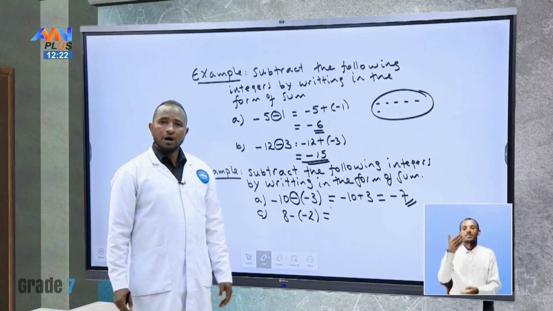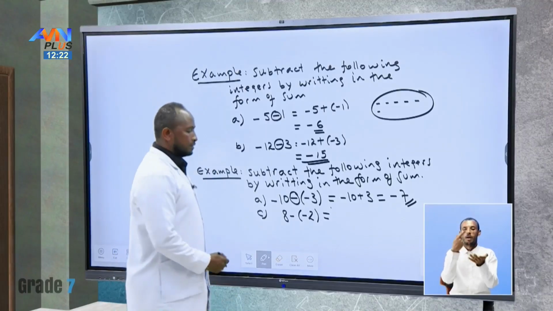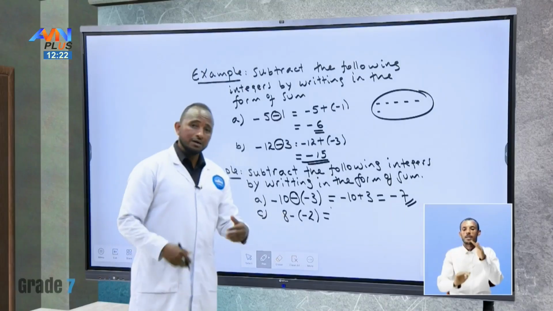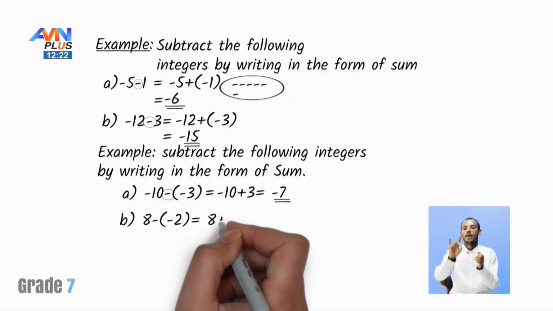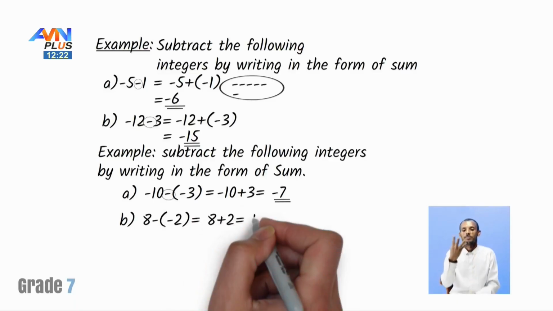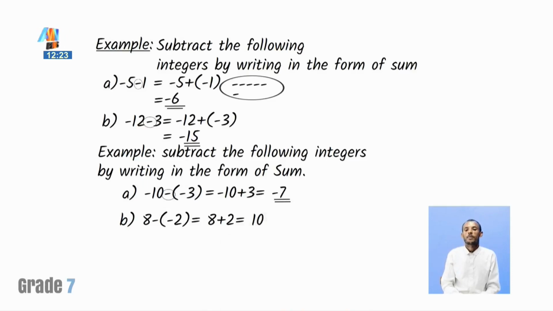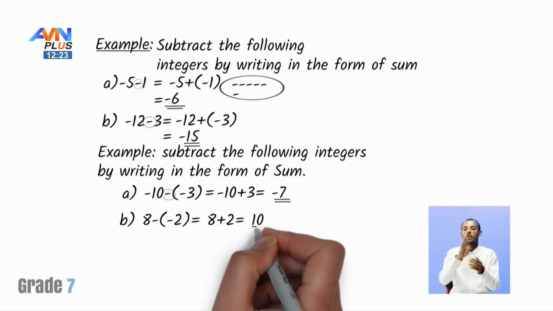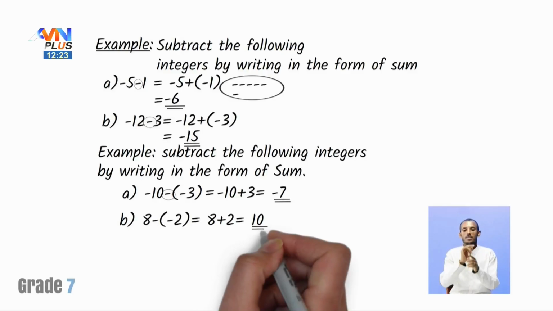Nice. Now, let's see the answer. Okay, here, subtracting means adding the opposite. So, 8 minus becomes 8 plus, what is the opposite of negative 2? Positive 2. Good. So, what will be 8 plus 2? 10, that's right. Therefore, this will be the answer.